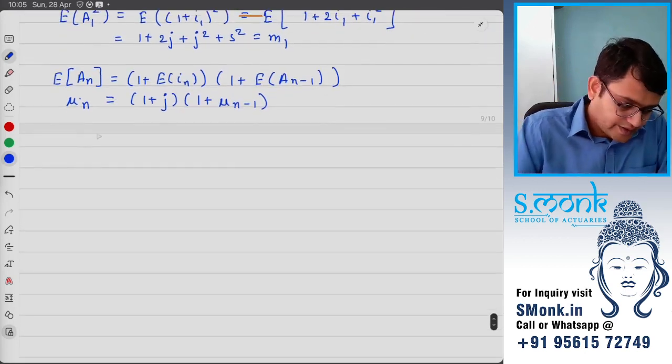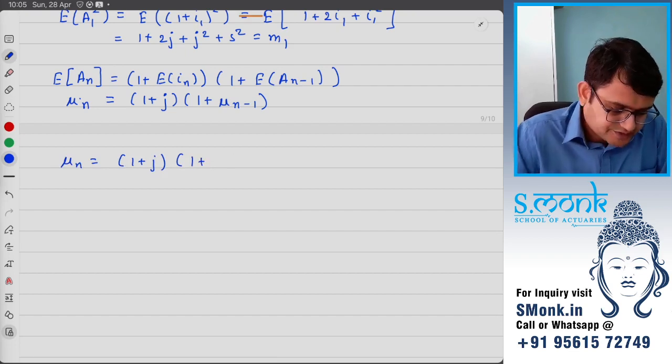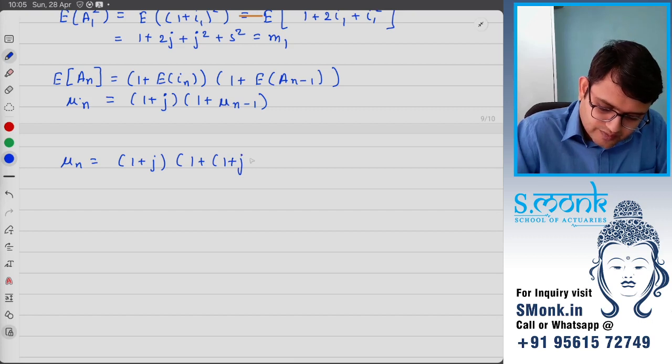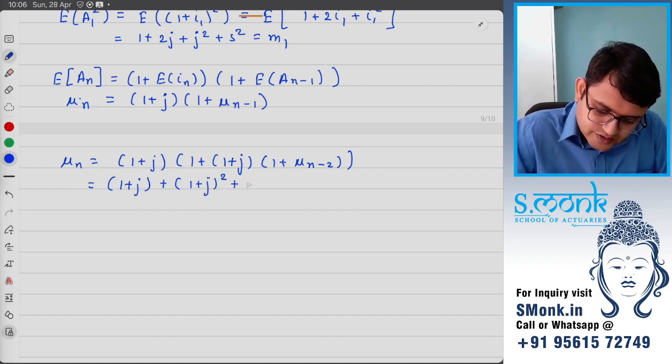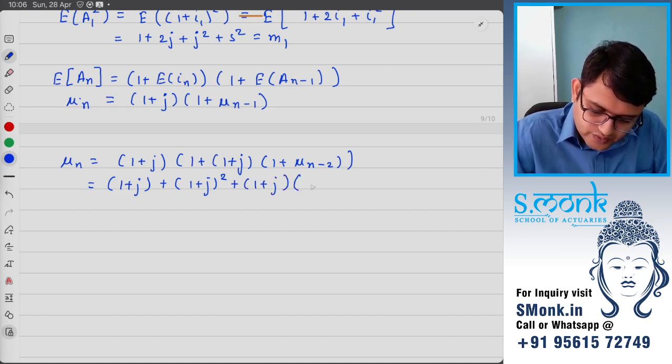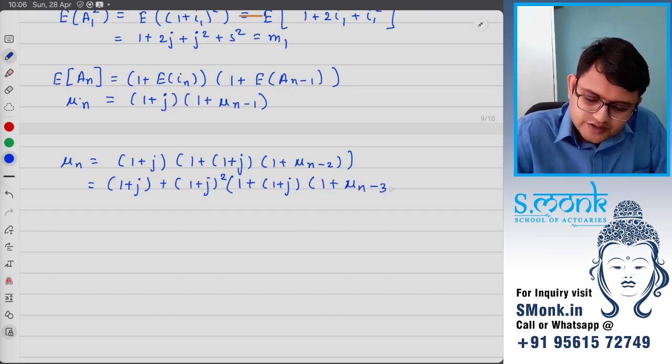I can say that mu_n is (1 plus j) into (1 plus mu_{n-1}), and substituting mu_{n-1} as (1 plus j) into (1 plus mu_{n-2}), and similarly going on to mu_{n-3}.